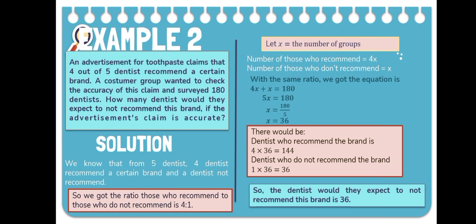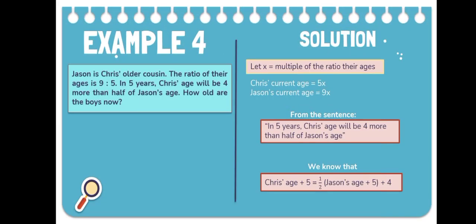We got it from the number of those who recommend, which is 4x, so I just substitute it. And then the dentists who do not recommend the brand is 1 times 36, so it equals 36. So the dentists they would expect who do not recommend this brand is 36.